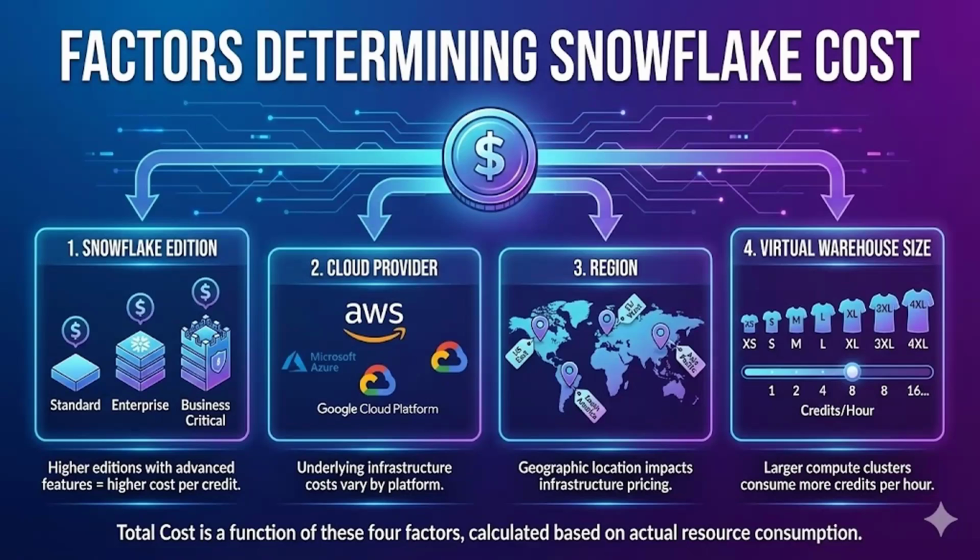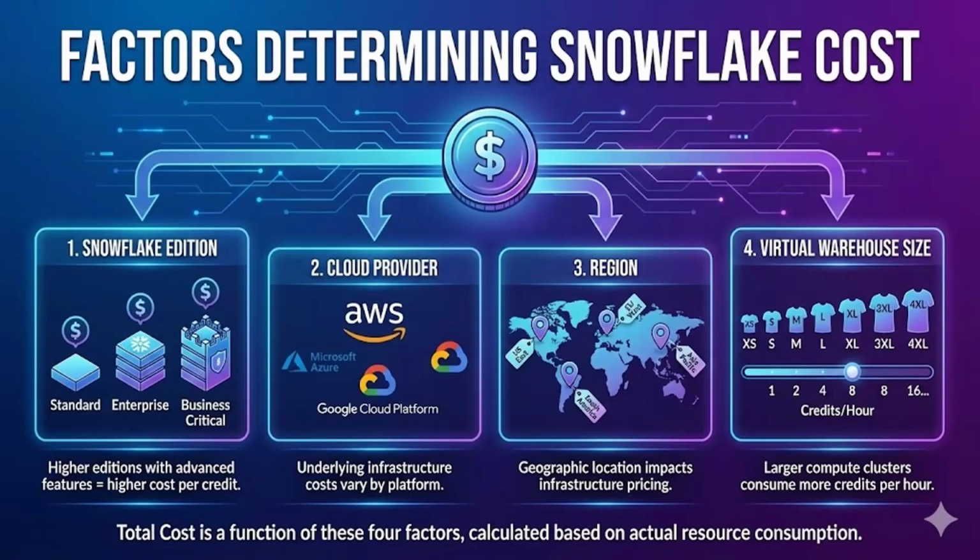If my query is not that complex and doesn't require a medium size, unnecessarily using it consumes 4 credits per hour, which is a waste of money. So I need to reduce the size to XSmall. If your queries are really complex, definitely you need to use the bigger size.